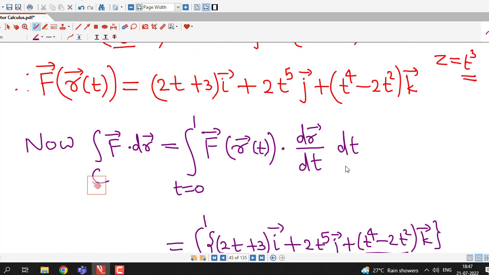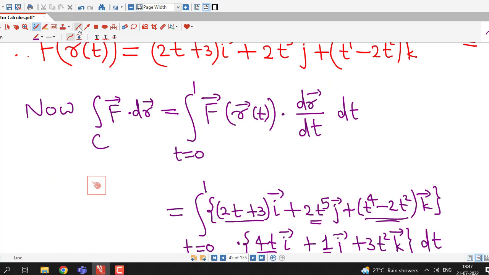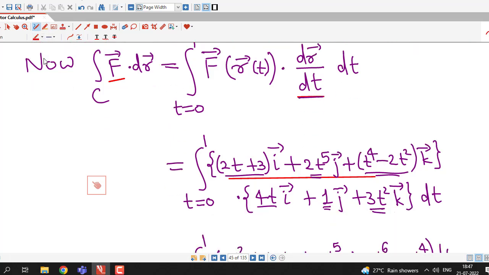So here this is very easy. You just have to first convert your vector function F bar in terms of t, and you have to find out dr bar by dt, and then you have to take dot product of these two vectors.